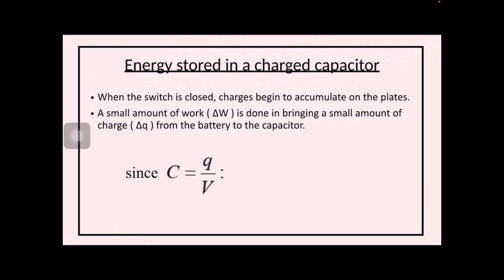So we know that C is equals to Q over V. So work done, okay, small amount of work delta W is equals to V delta Q.